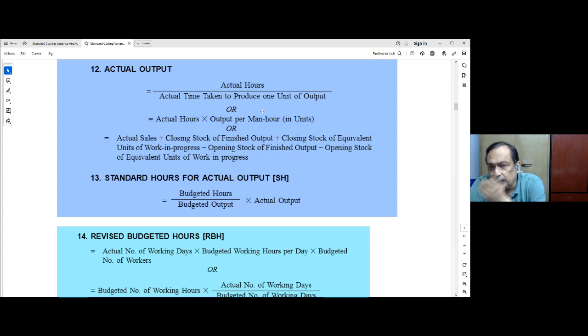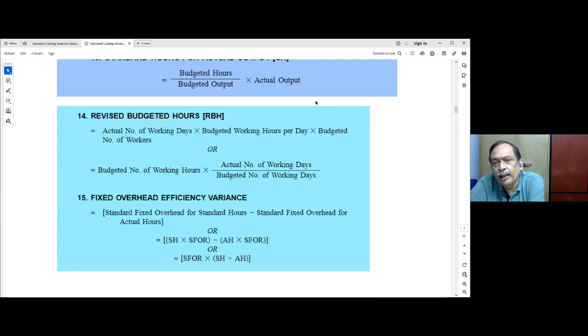Then standard hours for actual output, that is SH, is equal to budgeted hours by budgeted output into actual output. Then revised budgeted hours, that is RBH, is equal to actual number of working days into budgeted working hours per day into budgeted number of workers.